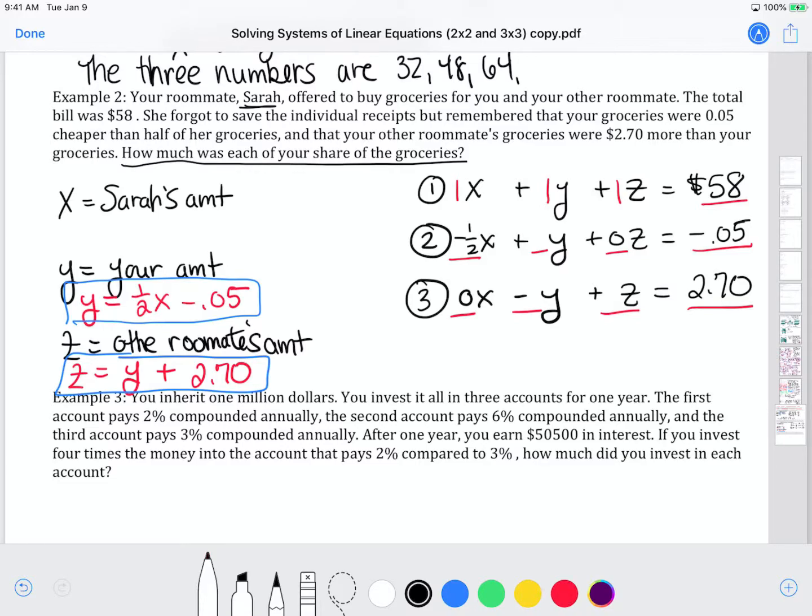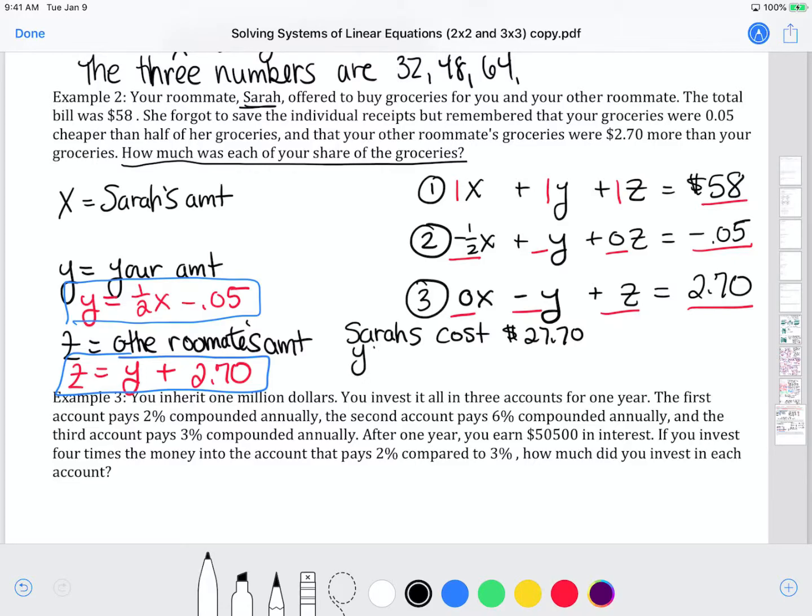Okay, my final answer is going to be that X is $27.70. So that's Sarah's amount. So I'm going to write down that Sarah's cost of groceries would be $27.70. It says Y is $13.80. That's my amount, or I should say your amount, according to the way we wrote this down.